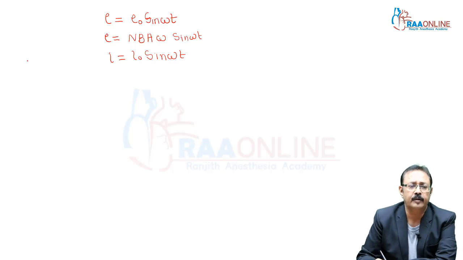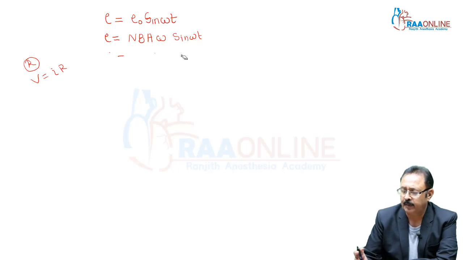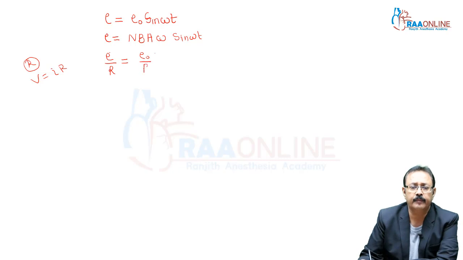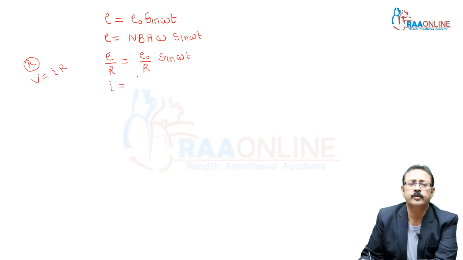According to Ohm's law, V = IR, so I = V upon R, which gives E upon R = E naught by R sin omega t. Since this current is related to the amplitude of EMF, the maximum value of EMF, we write it as the maximum value of current.